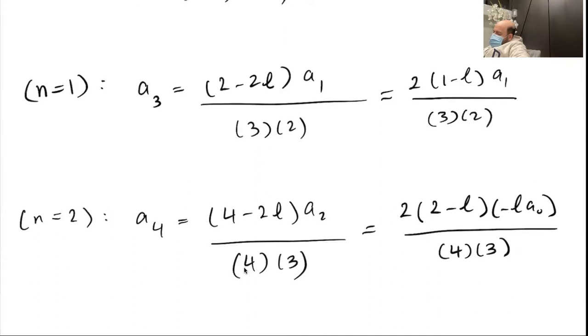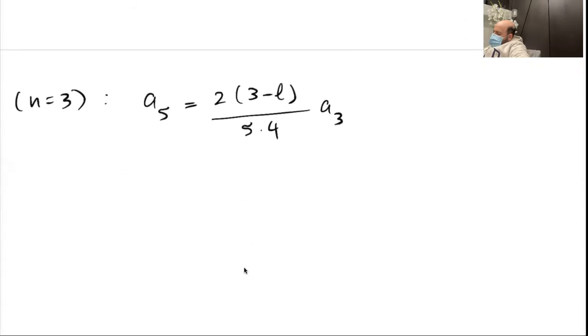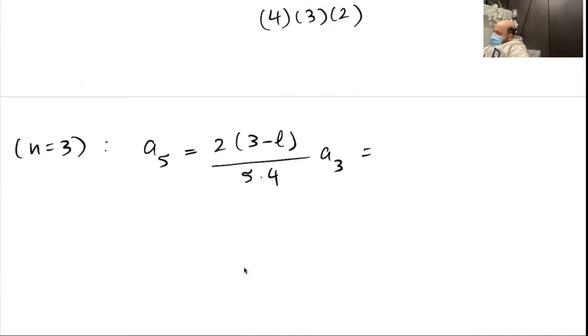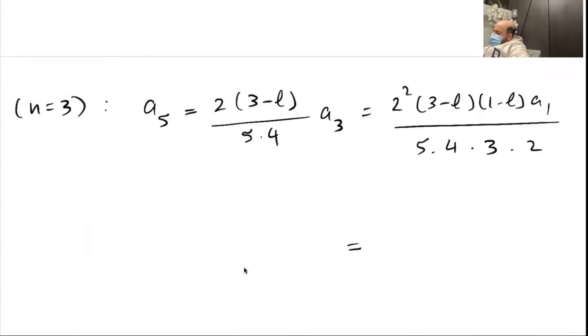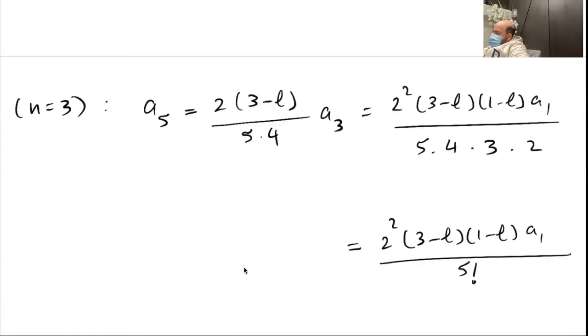So if I replace a3, I'll get 2 to power 2, (3 minus l), (1 minus l), a1 divided by 5 times 4 times 3 times 2. And this can be written as 2 to power 2, (3 minus l), (1 minus l), a1 divided by 5 factorial.